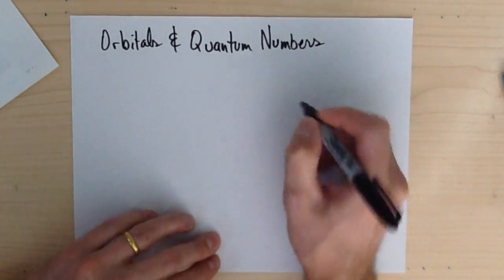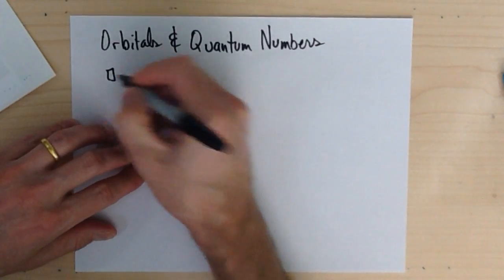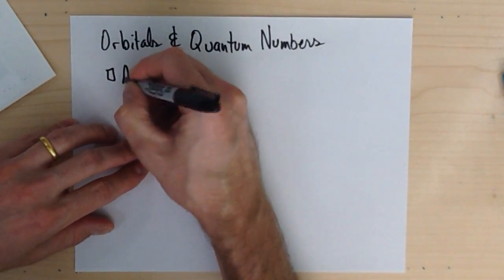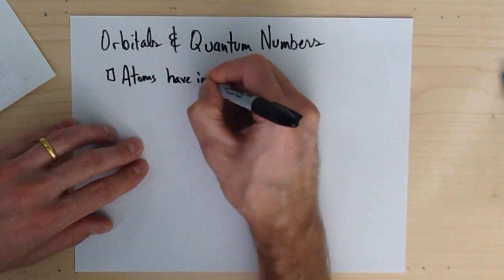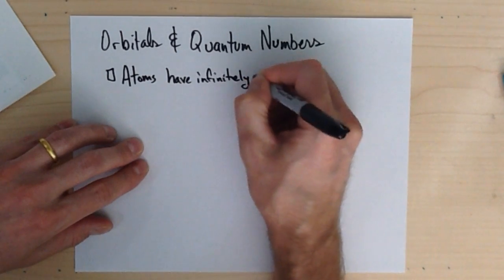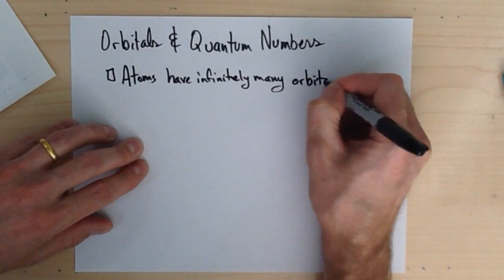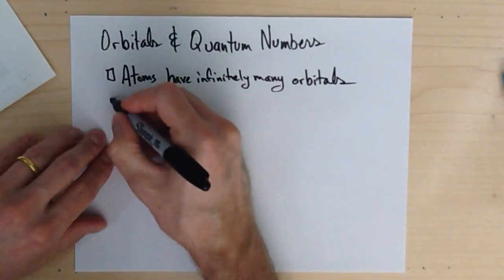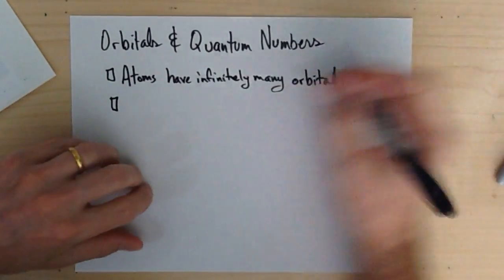All right, so we have orbitals with different quantum numbers that follow certain principles. And that is that atoms, first of all, can have infinitely many orbitals. All right, they start at 1 and then they can go to infinity depending on how much energy they're holding.